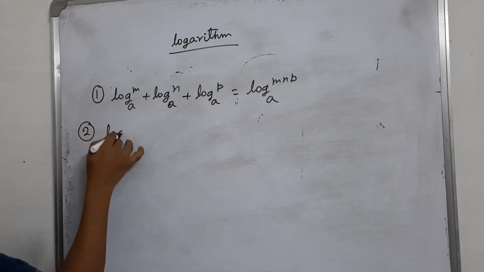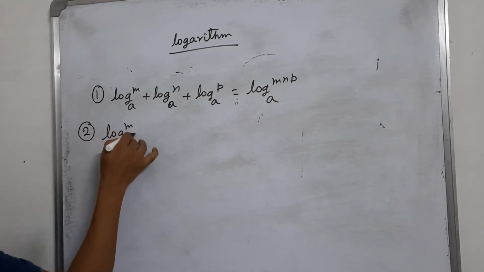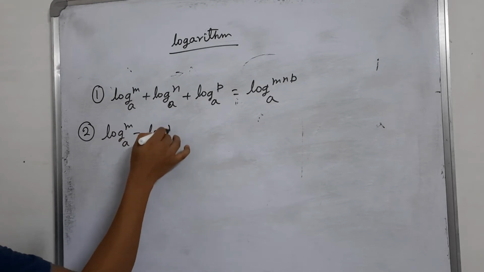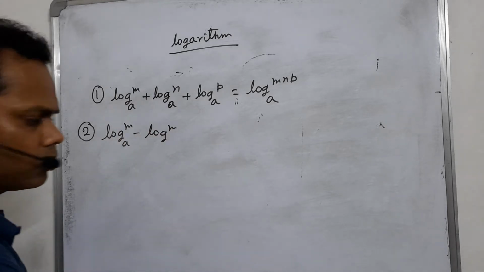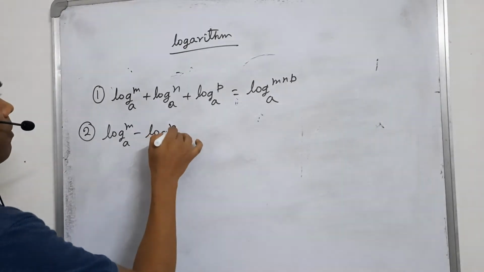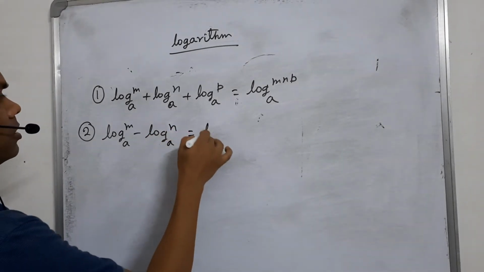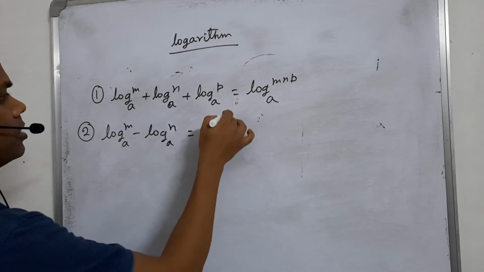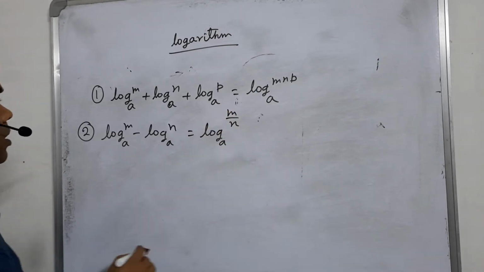With respect to the same base, if there is a minus or subtract, log m minus log n, then this one becomes log of m by n to base a.